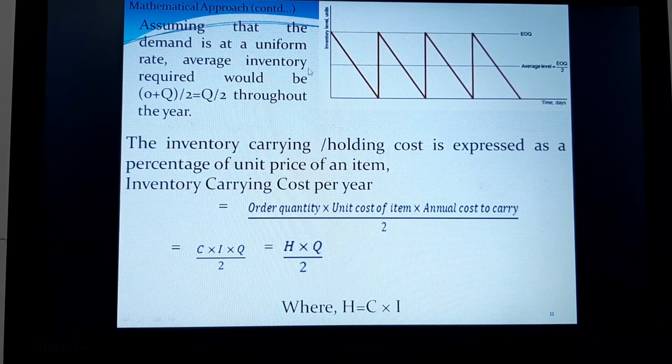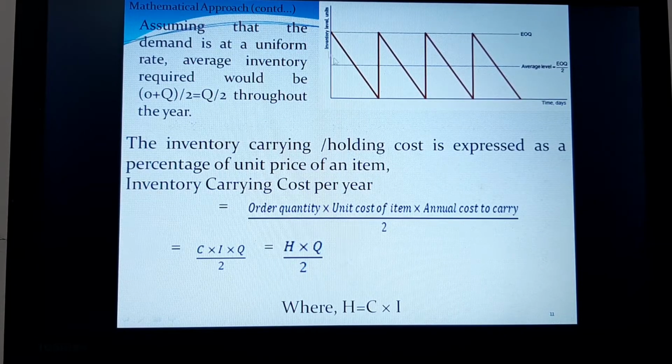Now here we can see this diagram, a very peculiar diagram, in which the y-axis is the inventory level and the x-axis is time in days. Let us say you have this much inventory, and as the materials get consumed, you find it coming down.